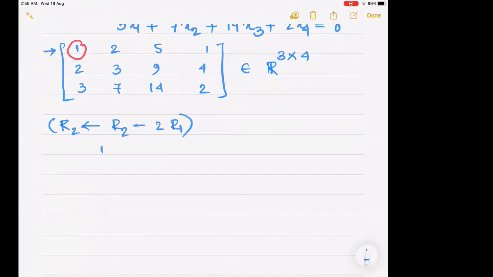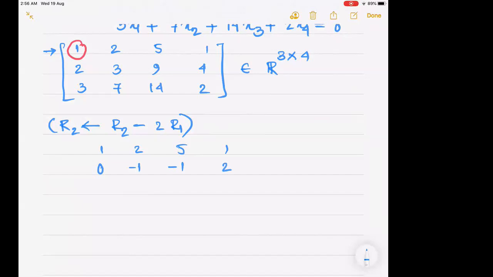This keeps the first row intact, but the second row becomes 0, then 3 minus 4, which is minus 1, then 9 minus 10, which is minus 1, then 4 minus 2, which is plus 2.